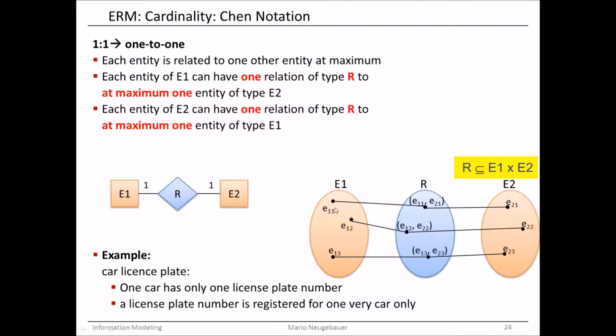And you see that in this constellation you have one element from the entity set of E1. One element could be E11, for example. And this element, this entity, has a connection via this relationship set to E2.